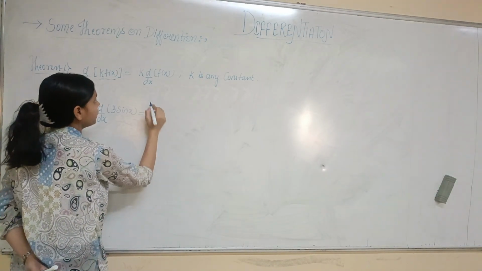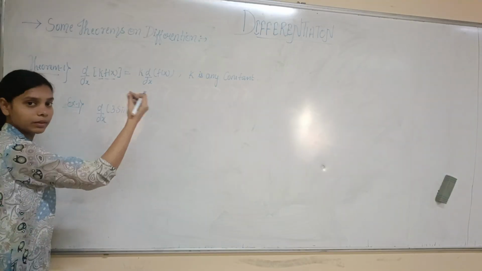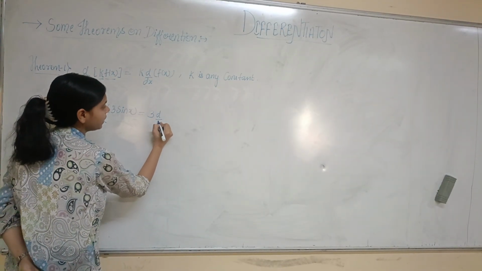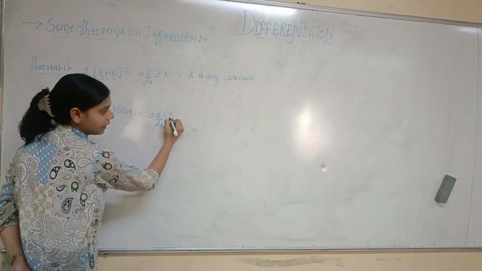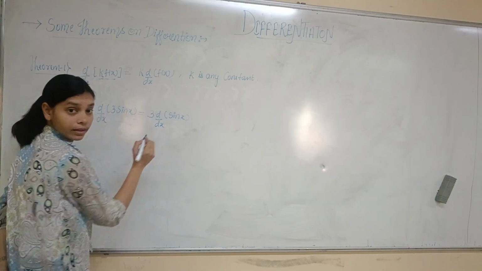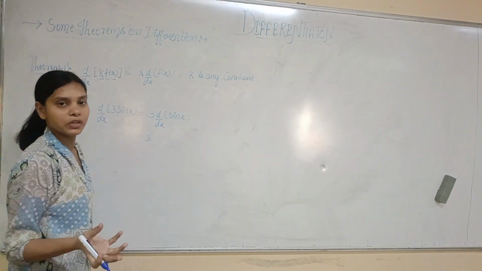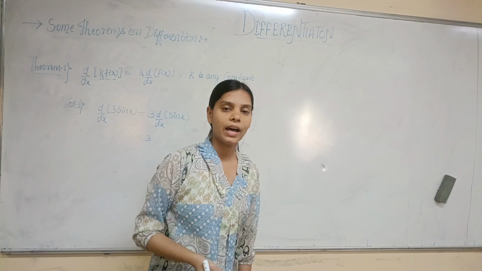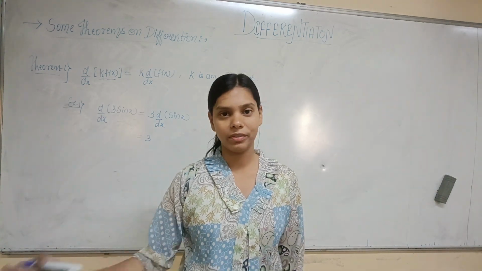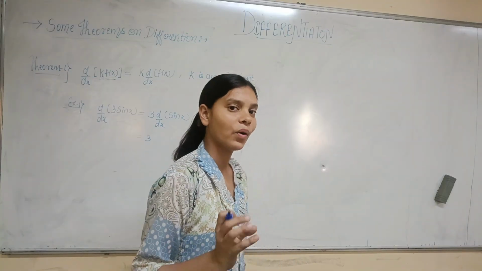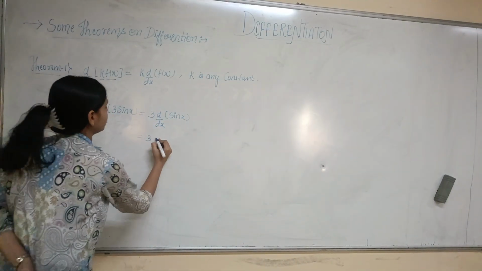So take 3 outside and d by dx of sin x. What is the differentiation of sin x? I already told in lecture number 1. Exactly, the differentiation of sin x will be cos x. So 3 cos x.